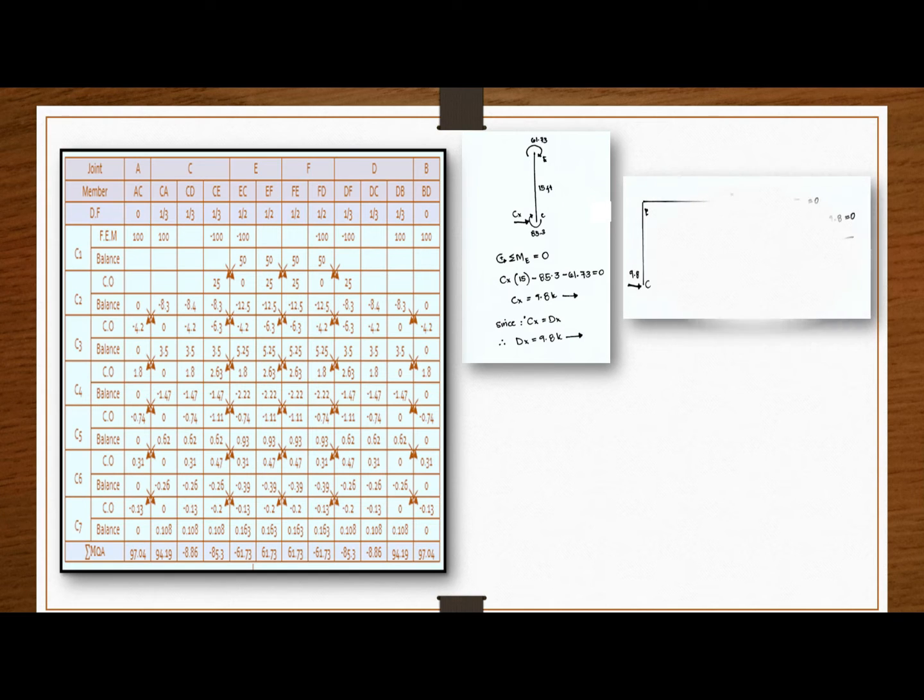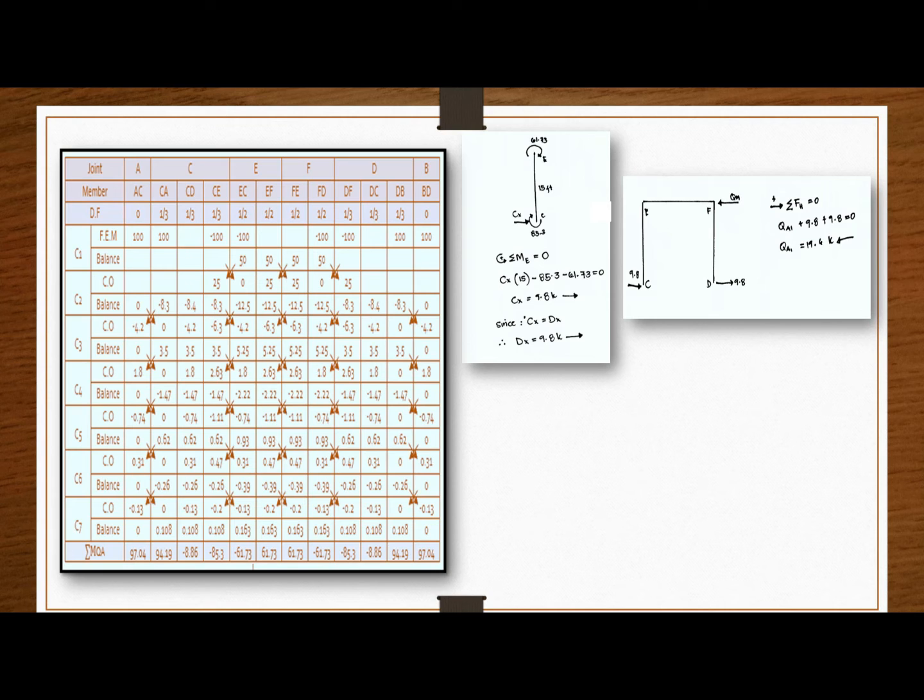Next is our force for QA1. So, all direction to the right is all positive. So, summation of FH is equal to 0.